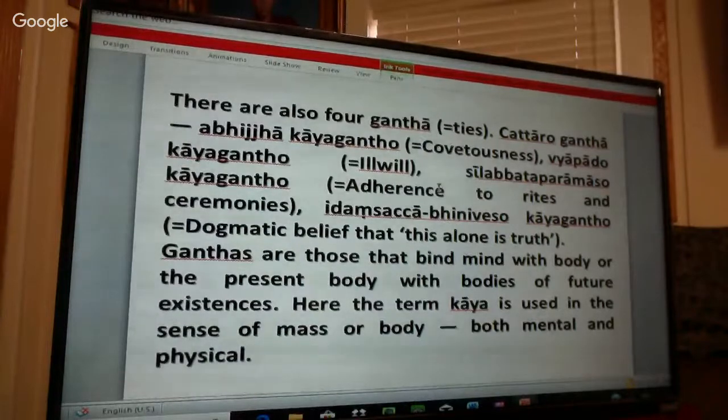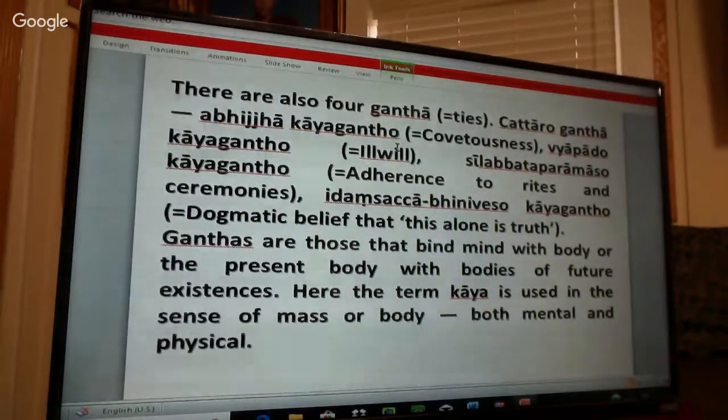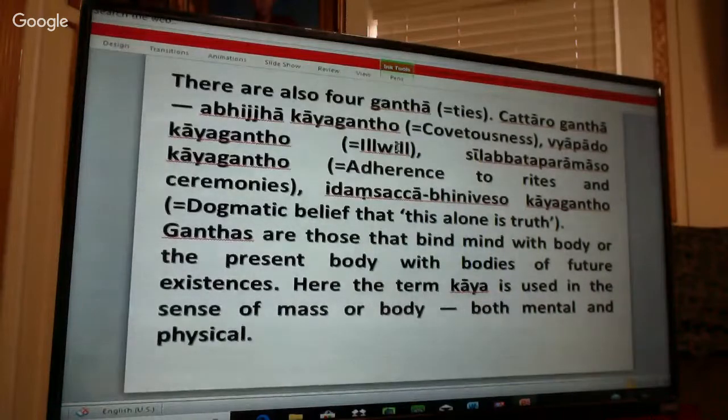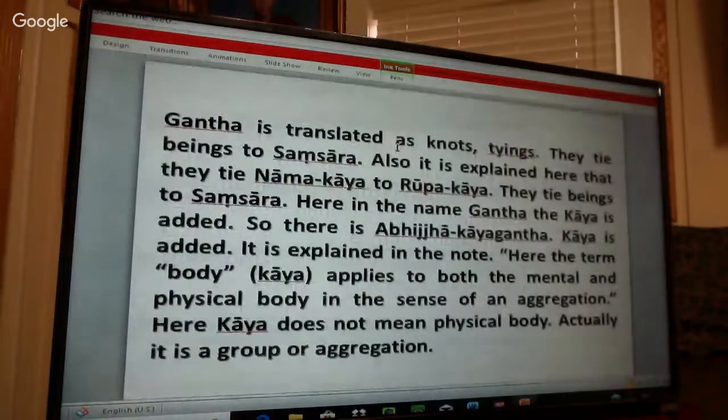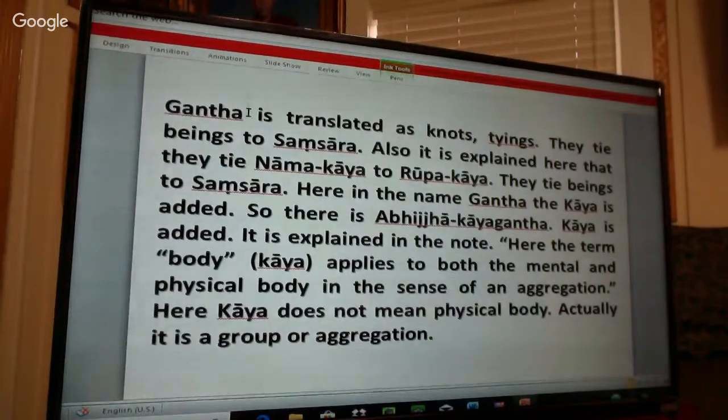Mostly Kaya is used for the material body, but here it's not like this. So we need to understand, very, very important. Okay?